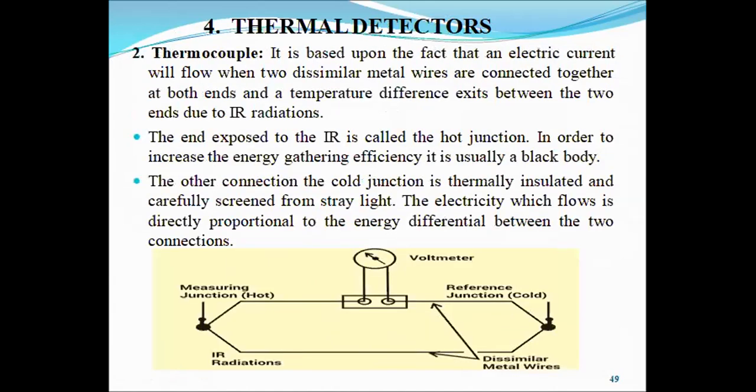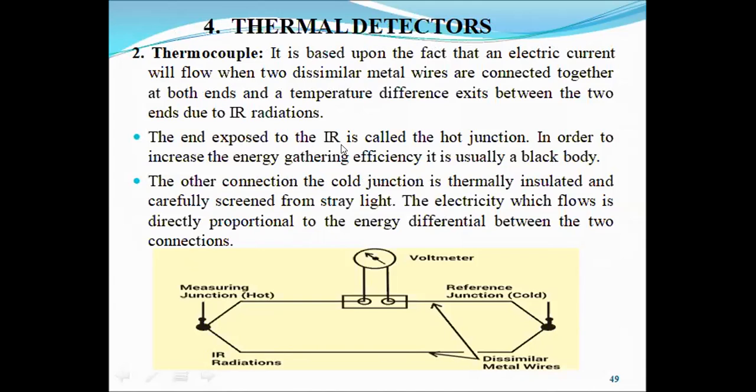Let's see how a thermocouple works. A thermocouple is based on the fact that an electric current will flow when two dissimilar metal wires are connected together at both ends. We have one end at this point where IR radiations are falling, called the hot junction or the hot end, whereas opposite to this is the reference junction or the cold end.